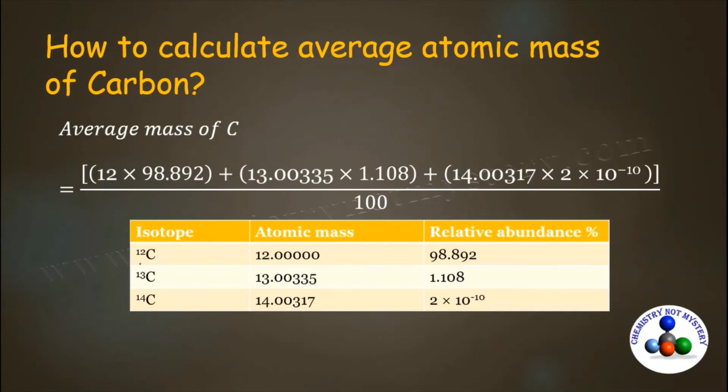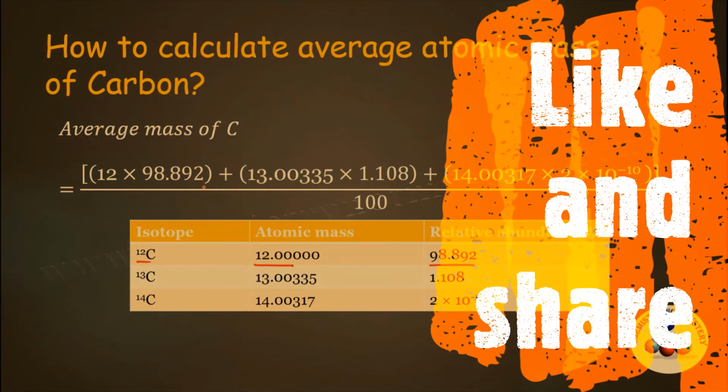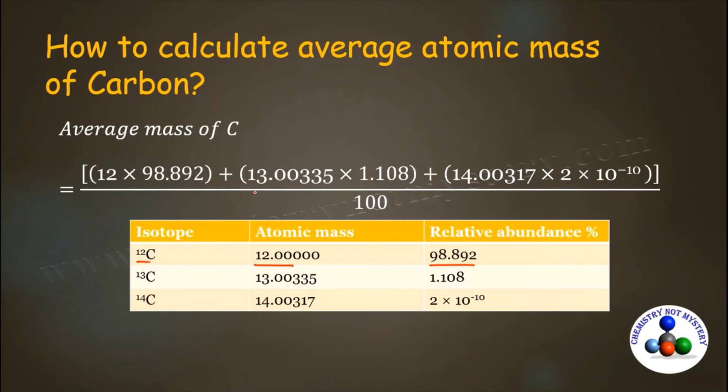Atomic mass of carbon 12 isotope is given as 12 and its relative abundance is given as 98.892. So here I have placed the value 12 multiplied by 98.892. Similarly, you have to place the values for carbon 13.